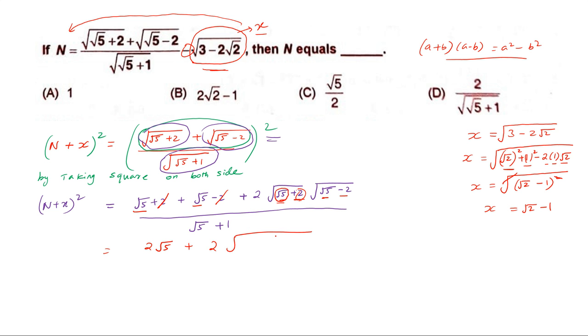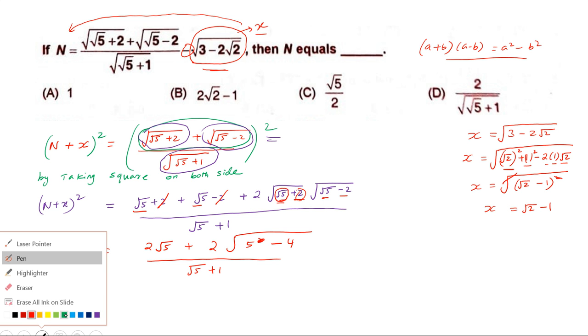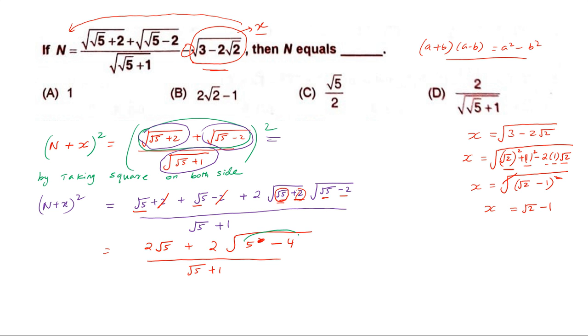So by squaring it, a square minus b square: root 5 whole square is 5, minus 2 square is 4, whole divided by root 5 plus 1. Now this 5 minus 4 is 1. So square root of 1 is 1, and this 1 into 2 is 2.